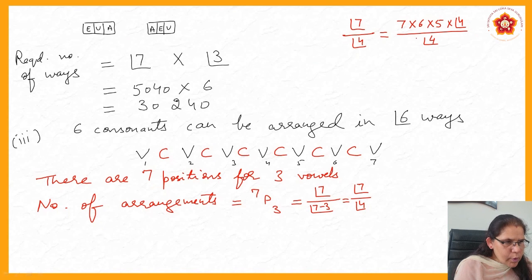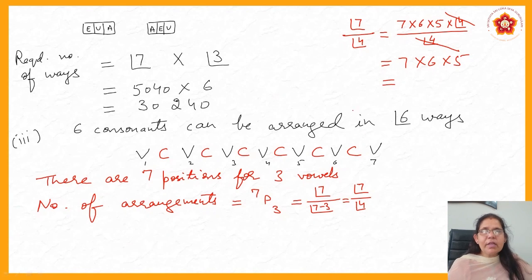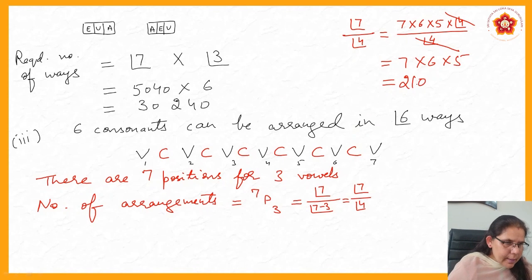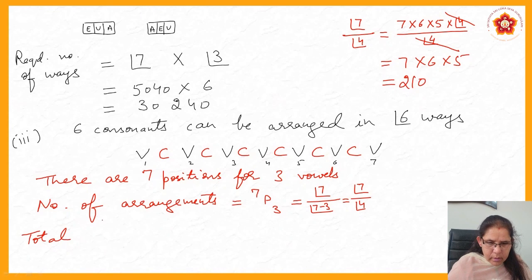So factorial 4 and factorial 4 get cancelled. We are left with 7 into 6 into 5. And what is 7 into 6 into 5? 210. So vowels can be arranged in 210 ways.